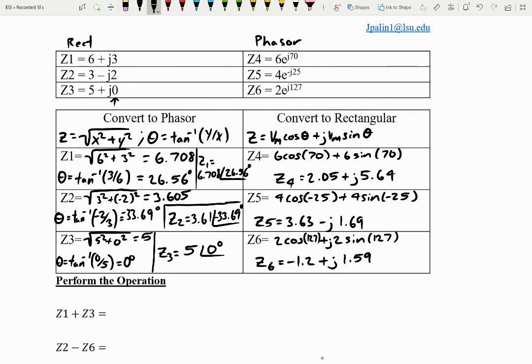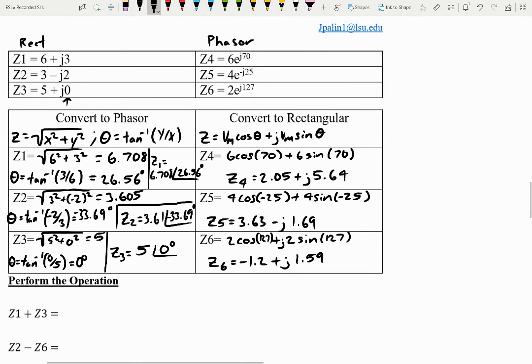And you might be wondering, okay, how do we get negative and positive values? Let's look at this. Remember, that is an angle. Take this for example.